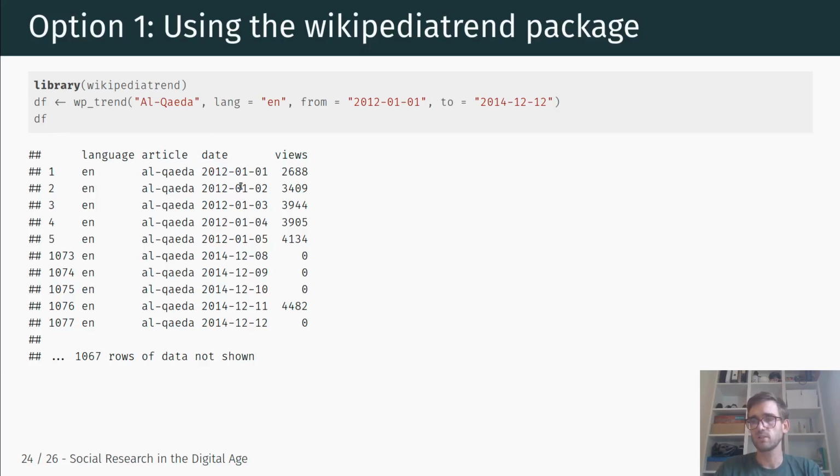The other challenge then will be to summarize all the page views across pages, and then since these are daily statistics, you have to summarize them by month. You can do that using the tidyverse, with group by and summarize. This will be fairly straightforward.